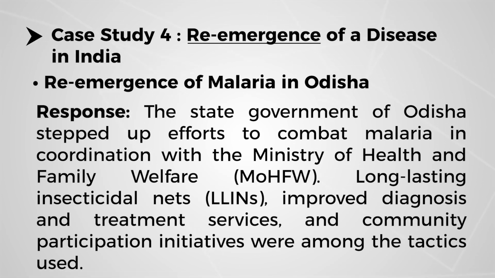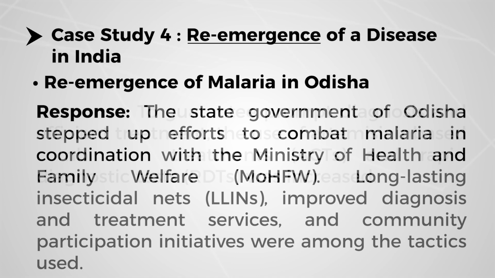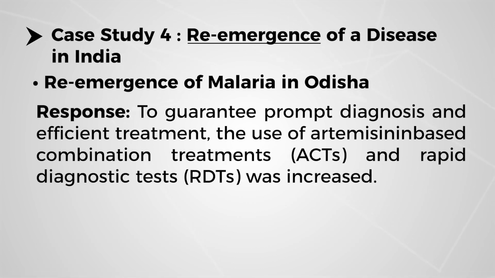The Government of Odisha, through the Ministry of Health and Family Welfare, is taking long-lasting measures to control this disease. To guarantee prompt diagnosis and efficient treatment, the use of artemisinin-based combination treatments and RDT testing was increased.